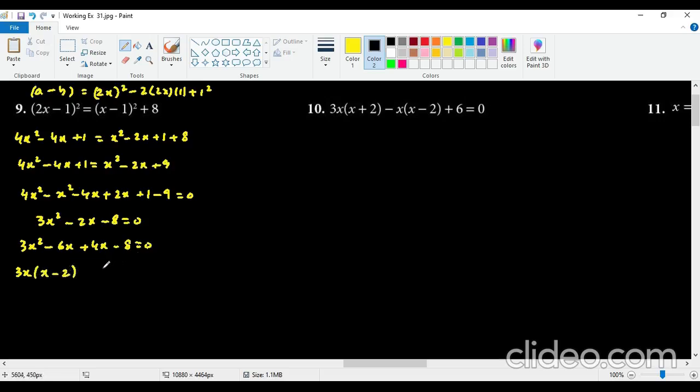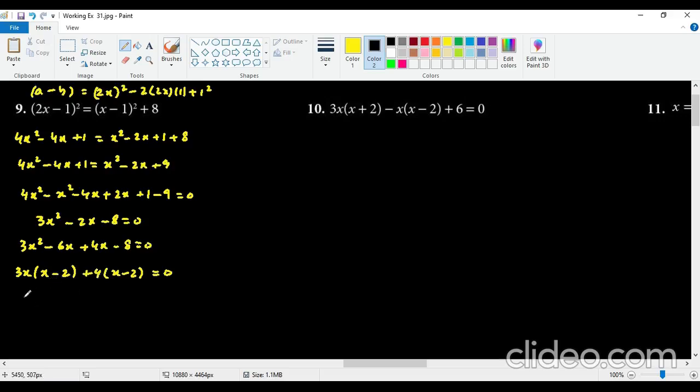Copy down once again x minus 2, equals 0, and plus 4 will be in the middle.